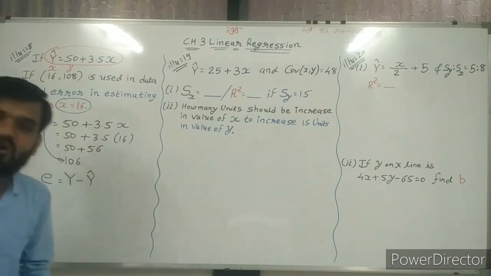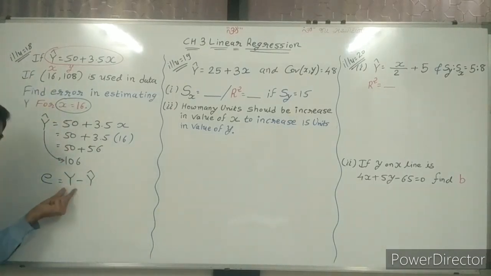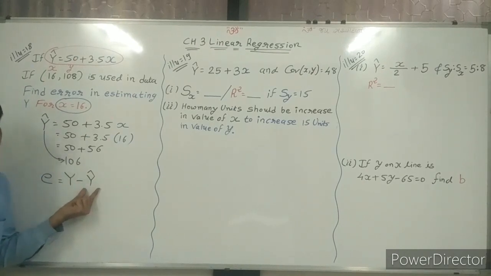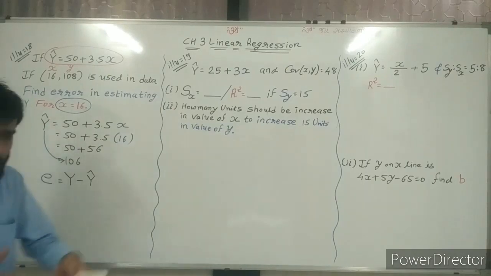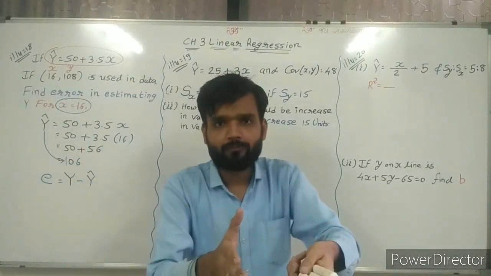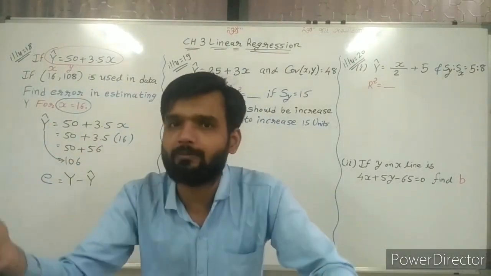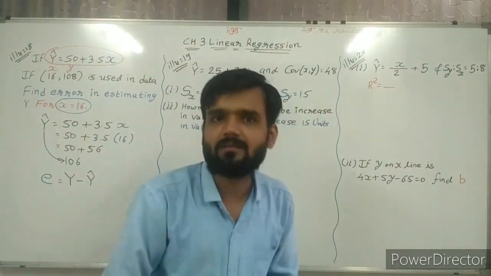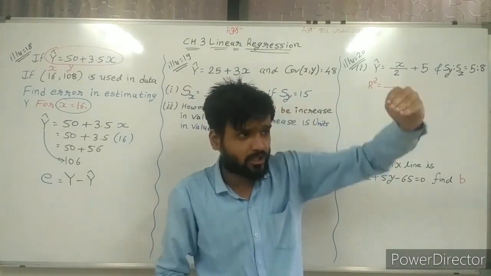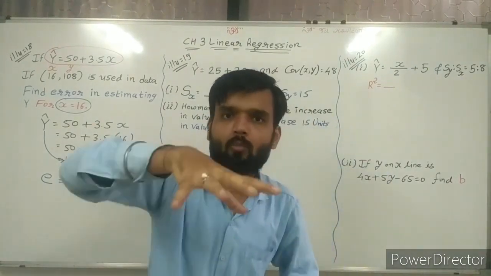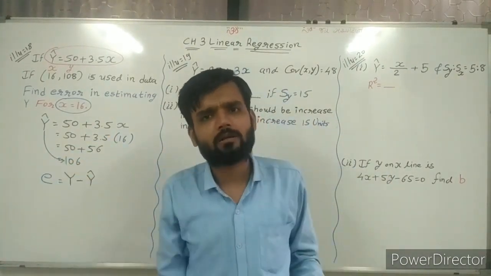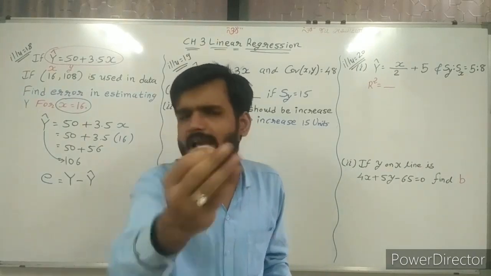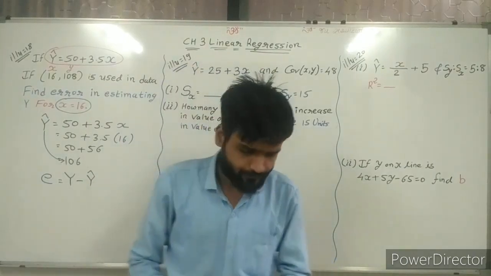Y minus y cap. This is the original value of y, and this is the estimated value of y, because y cap is there. Error means what is the actual value and what we have estimated. If both are different, then that is the error. If my estimation and actual value both are the same, then no error. Taking one example, try to understand.